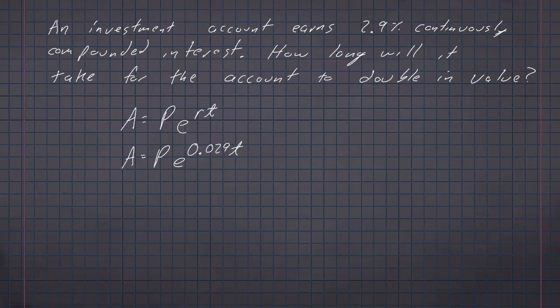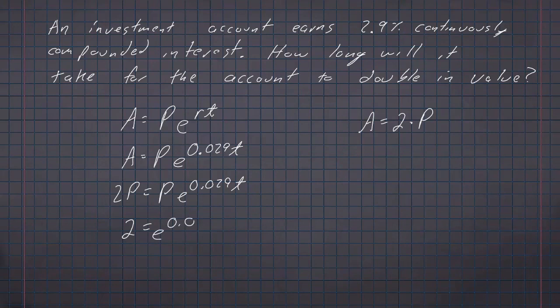But it does tell us that we want to look at the place where the value is 2 times where it started. So we have 2P equals P e to the 0.029t, and we can divide both sides of the equation by P to get 2 equals e to the 0.029t.